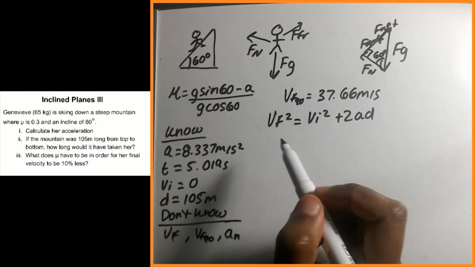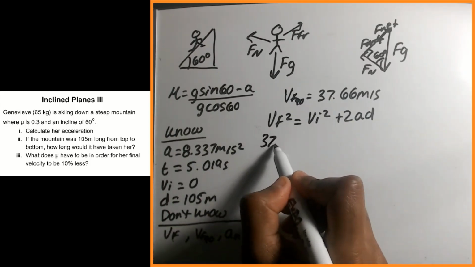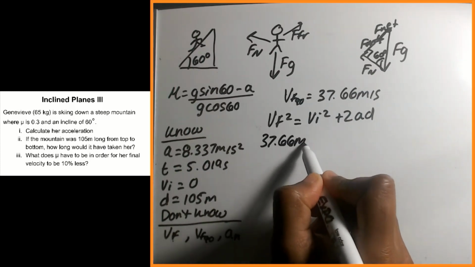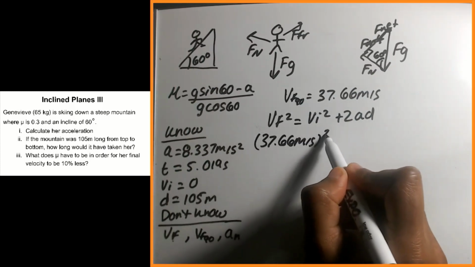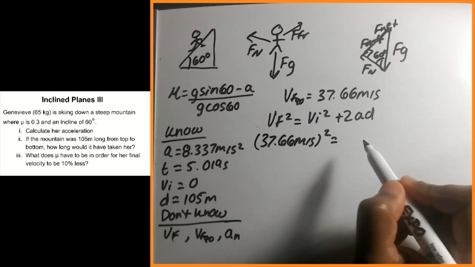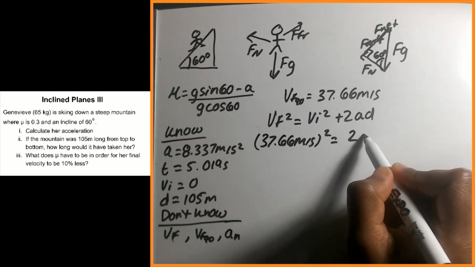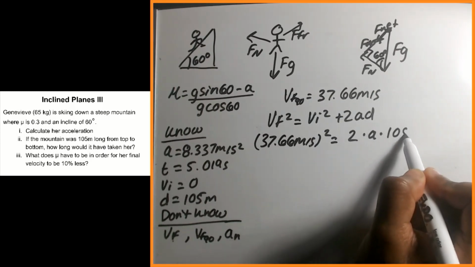So VF from before is equal to this, so we get 37.66 meters per second squared is equal to 0, which you don't need, plus 2 times A times 105.